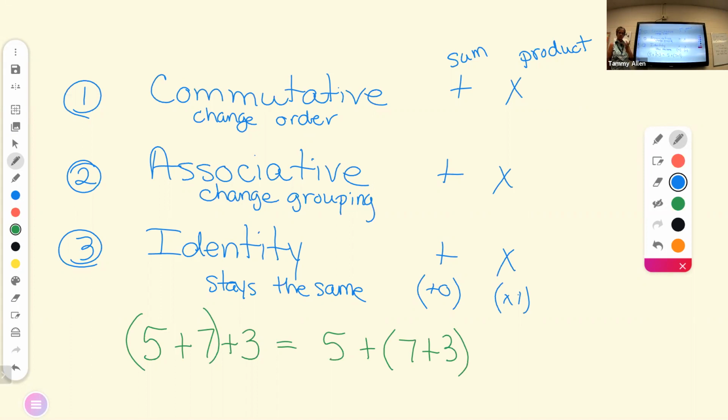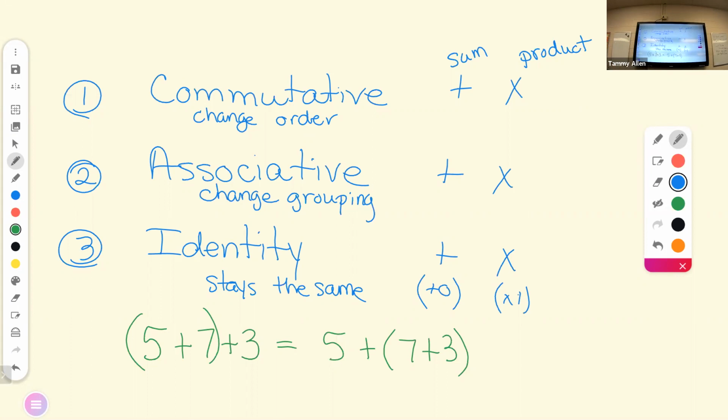And can you see it in green? You may have trouble seeing green. All right. Show hands in. Which property do you think it represents? 1, 2, or 3? Your fingers up. Which property?